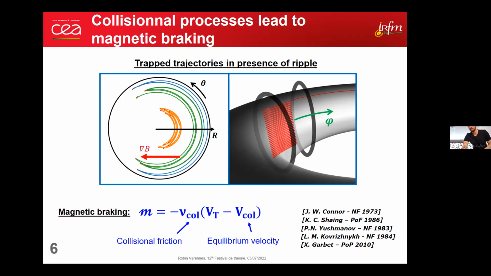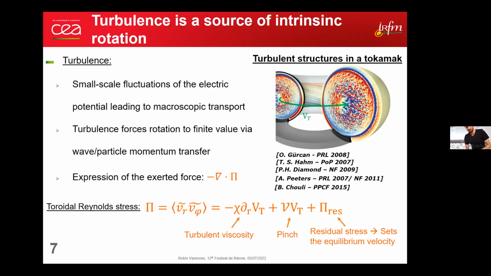Now let's take a look at the turbulent drive. First, I will redefine what we call turbulence in the fusion community. This is the name we give to the small-scale fluctuations of the electric potential that can lead in the end to microscopic transport. On the right here, you can see the result of a simulation. On the color map, you have the fluctuation of the electric potential.